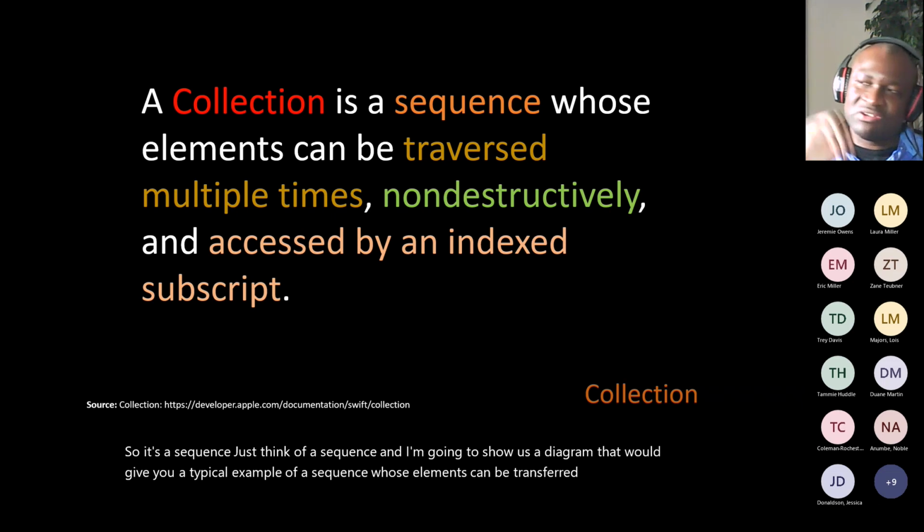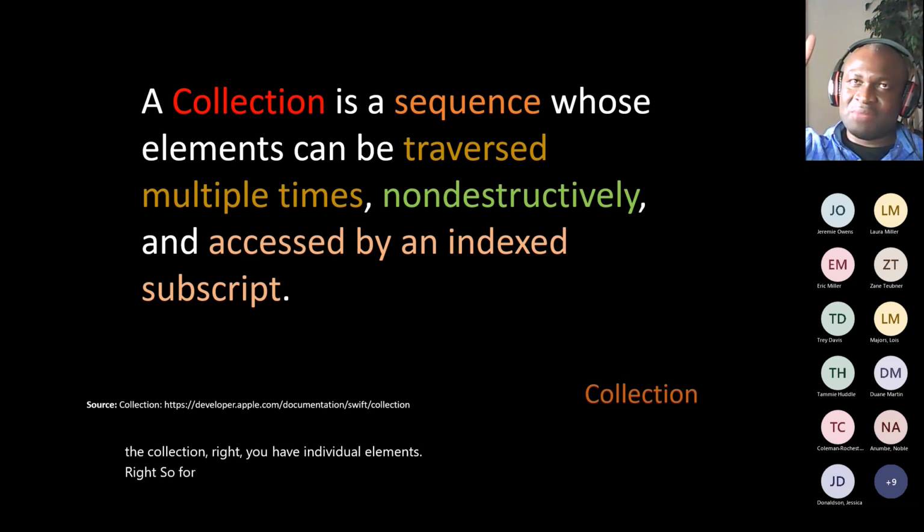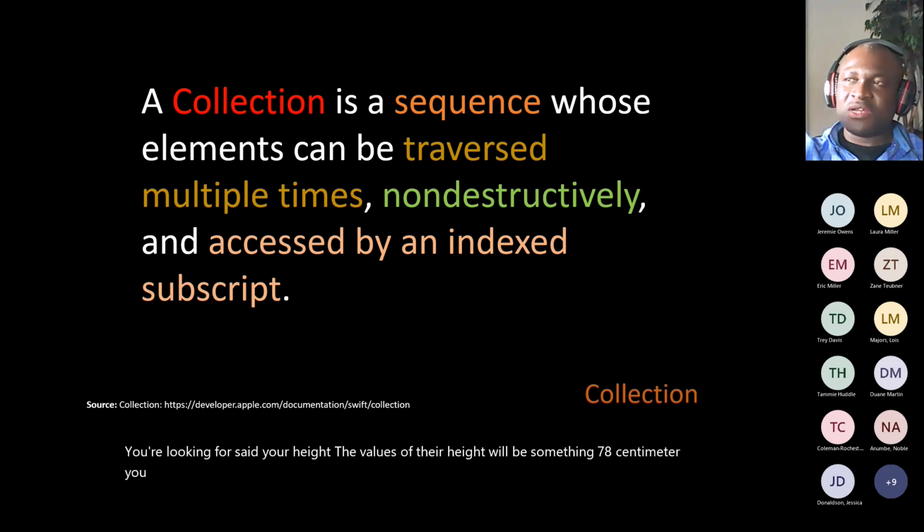Inside the collection you have individual elements. For the 100 kids I was talking about, you're looking for, say, their height. The values of their height will be something like 7.8 centimeters, 100.1 centimeters. I don't know what that will be, but you get the idea.